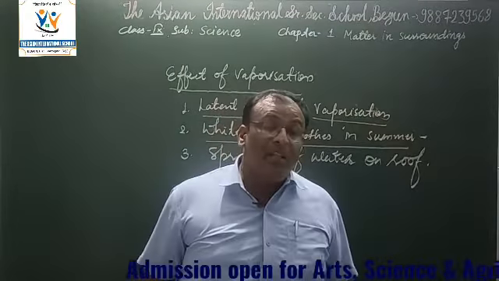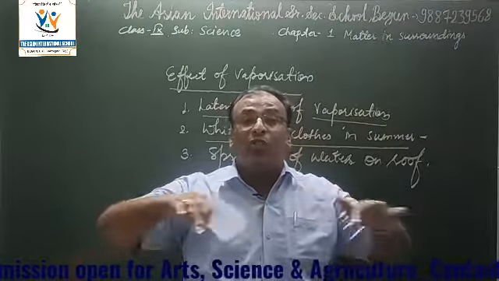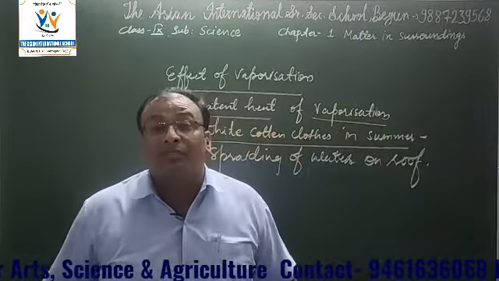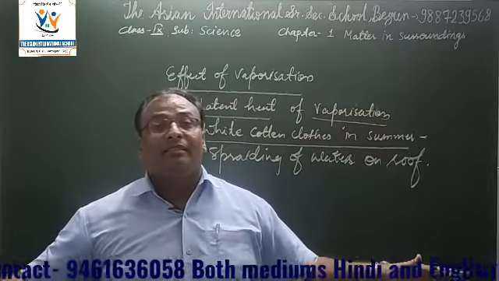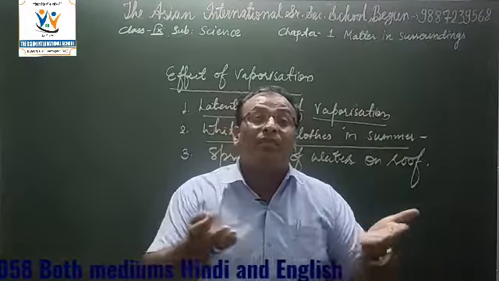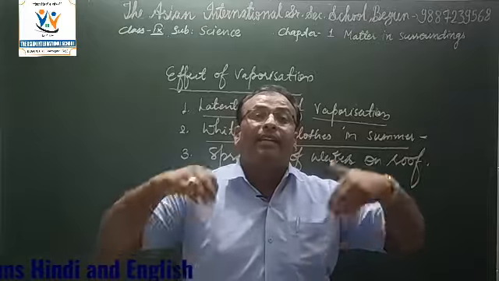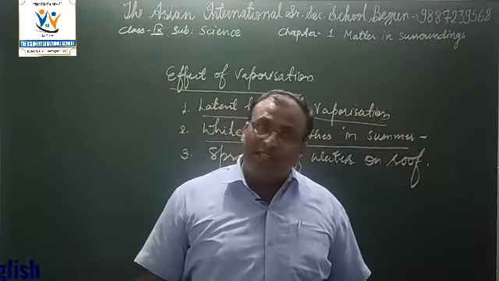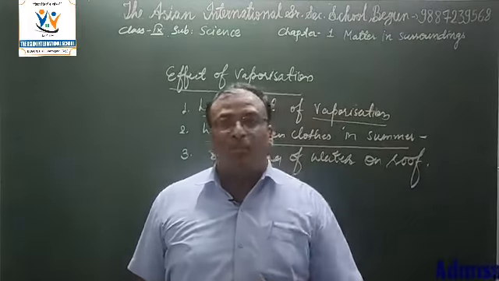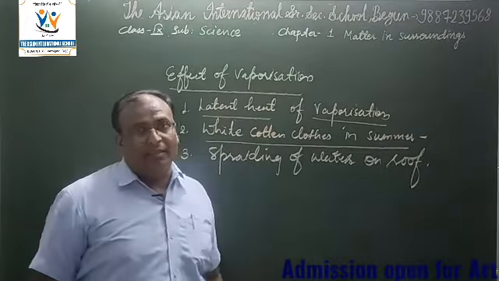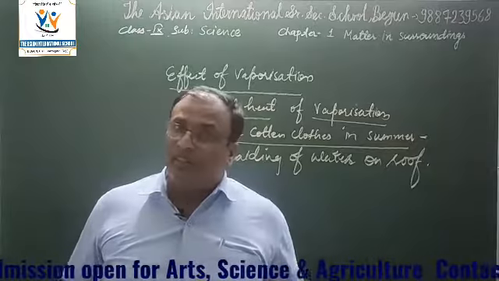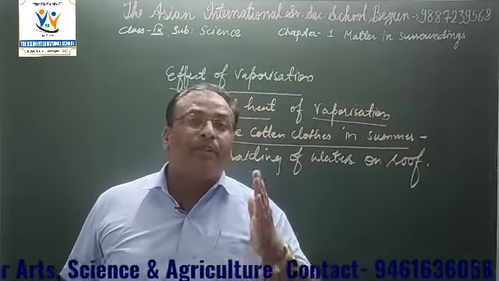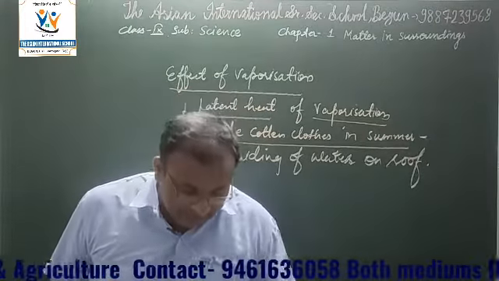Why does it happen? Because if that water is spread, it will change into vapor state, and that will take the heat from the surface of the roof, and the temperature of the roof changes. So this is another phenomenon, a very important effect of vaporization in our daily life.